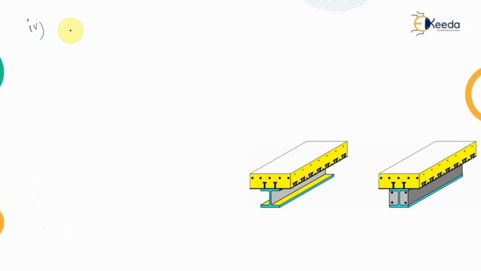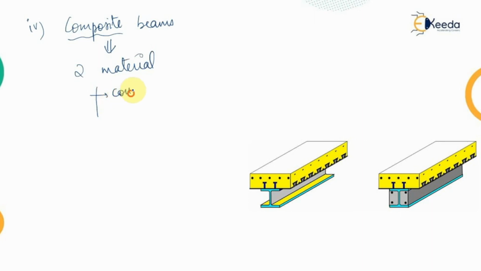Now the next type of beam, the fourth one, is known as the composite beam. In case of the composite beams, as the name says, it is composed of two materials. So whenever we are using two materials, concrete and steel, for the construction of a beam to carry the load, that type of member is known as the composite beam.